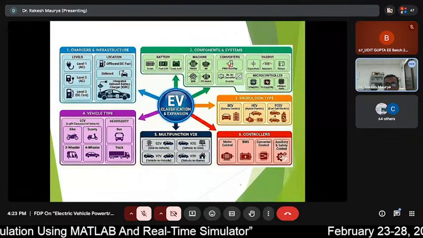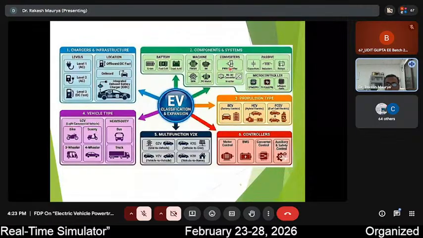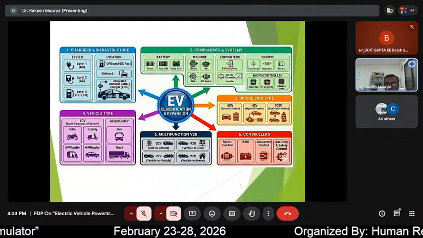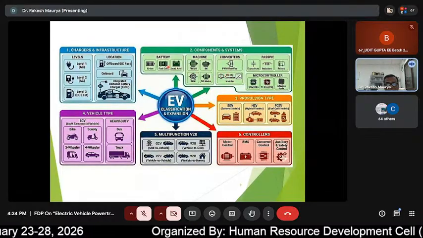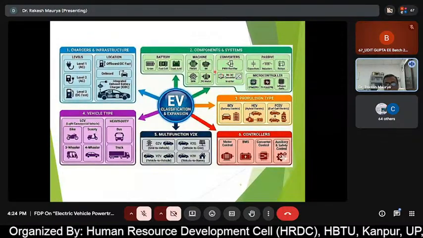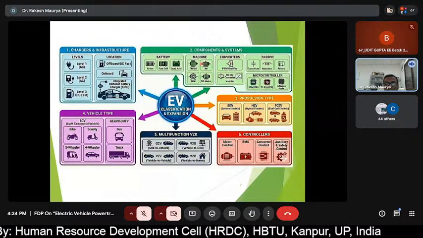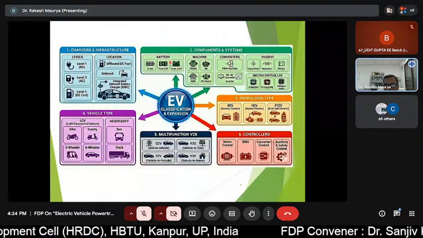So we have a very well proven voltage source converter, particularly a PWM rectifier or DC to DC converter, to make the power flow from the battery to the machine through this power electronics converter. So these two components are very important, the machine as well as the converter, and the battery.